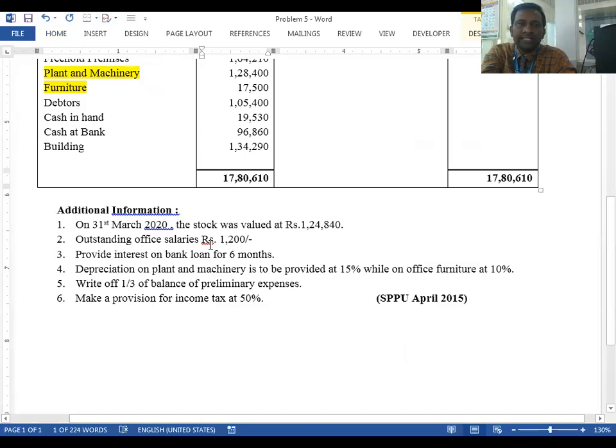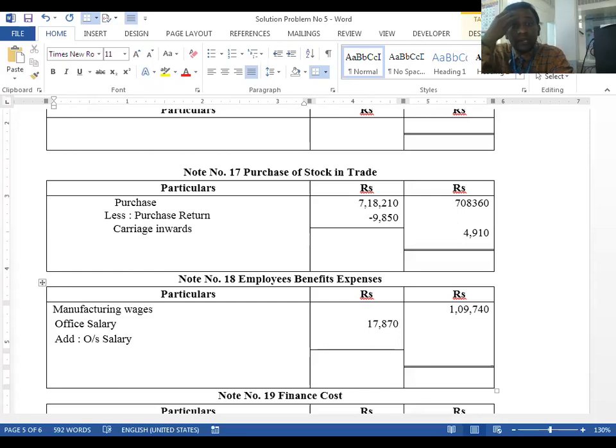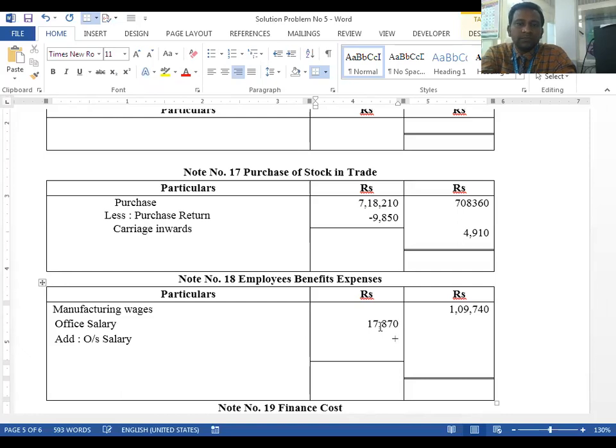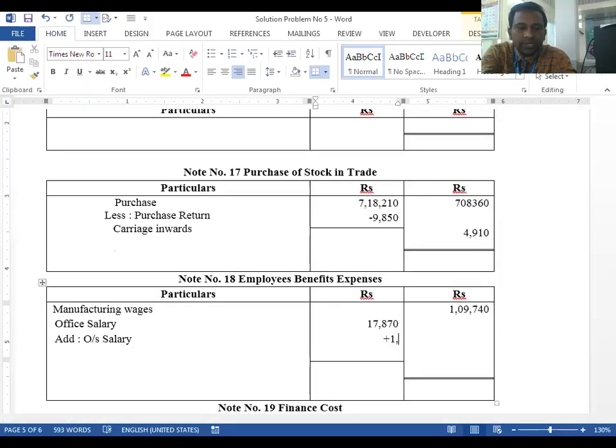So it is added to the particular item. Office salary, add outstanding salary. What is the amount of outstanding salary? 1,200.